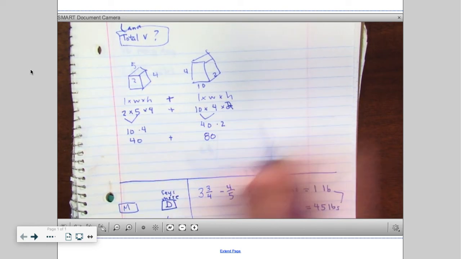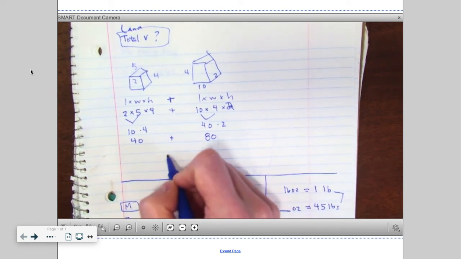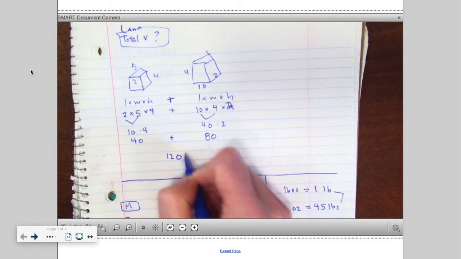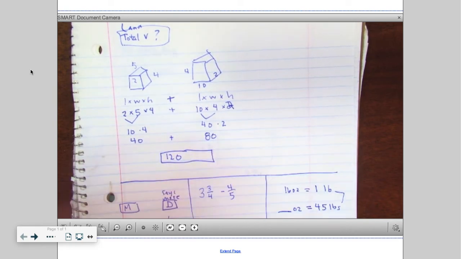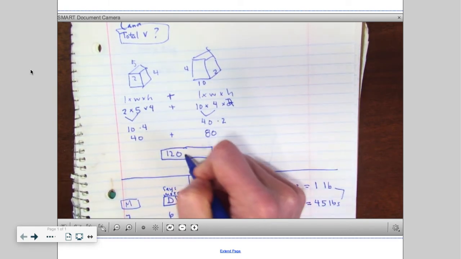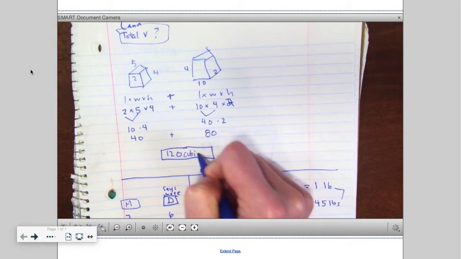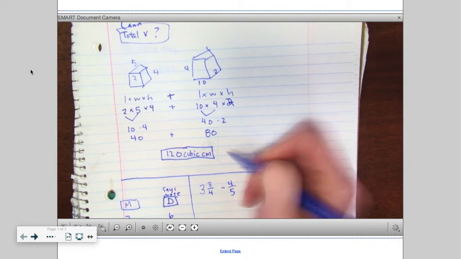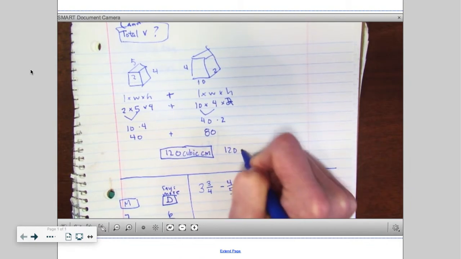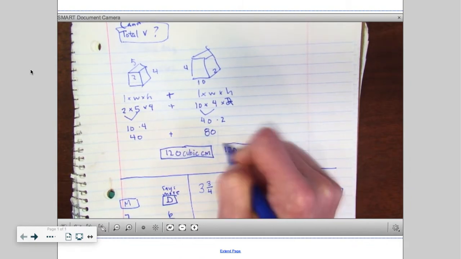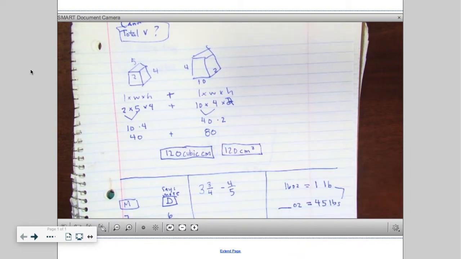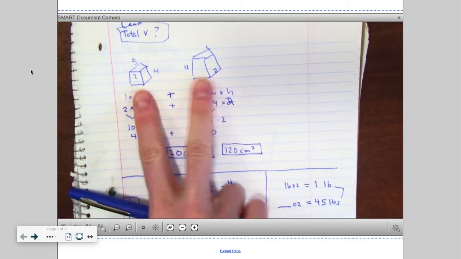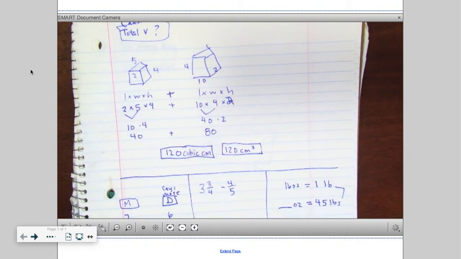And I know 80 plus 40, well, if I do 8 plus 4, that's 12. I know 80 plus 40 is 120, and that will be in cubic centimeters. Or I can write it 120 centimeters cubed. That's how I would find the total volume of two different prisms.